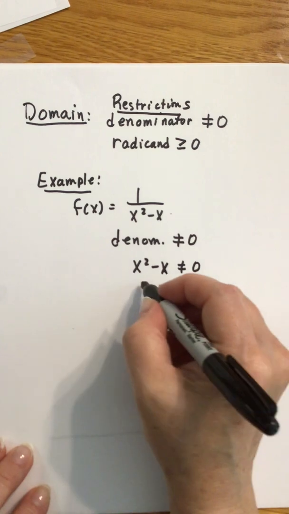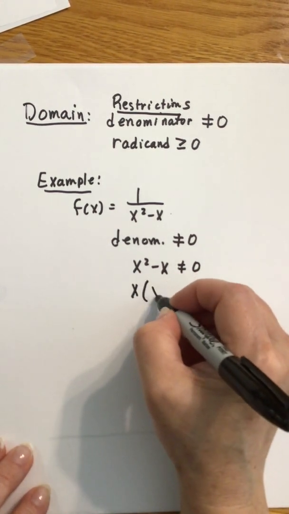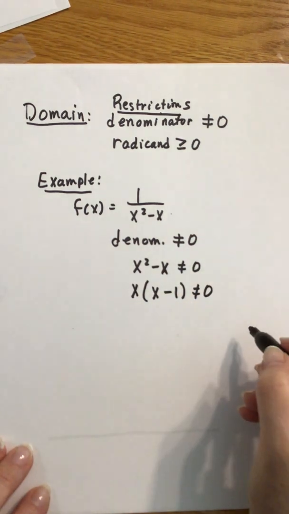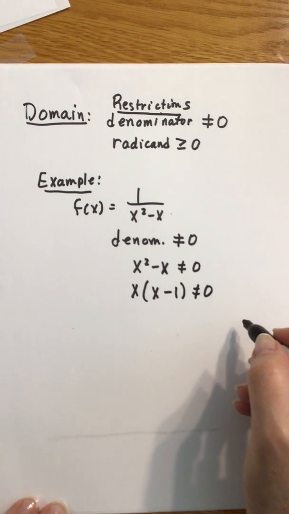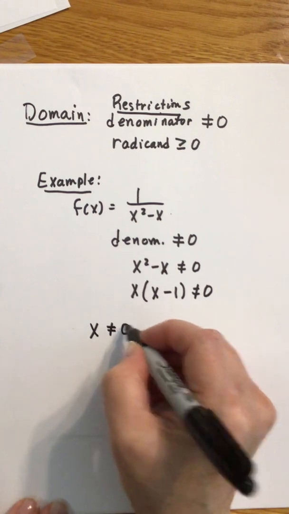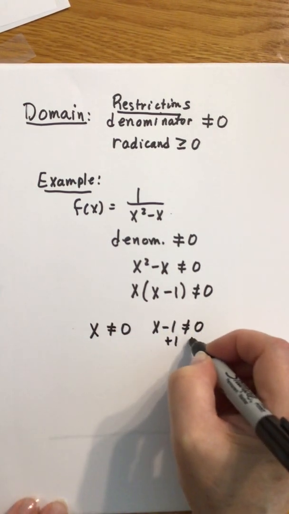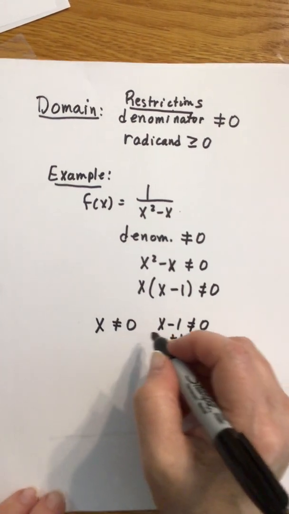So what we have to do first is factor this. So what do you see as a common factor? You see an x. So we take out an x and get x times x minus 1 cannot be 0. So if I have two things multiplied to be 0, then one or the other one has to be 0. So we have x cannot be 0, and x minus 1 cannot be 0. So adding 1 to both sides, I get x cannot be 1, and x cannot be 0.